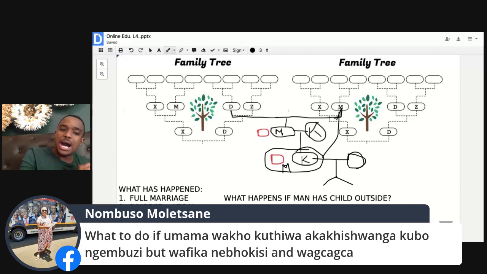If uma wako simply left the home, wafika khona emagcekeni of your father, kwagida kwasina, they slaughtered an animal to bring her in, or whatever they did for whatever culture she was marrying into, but they did not have her exit.